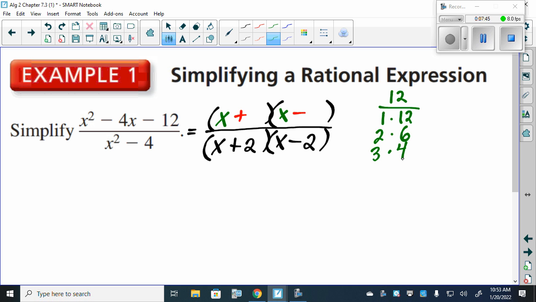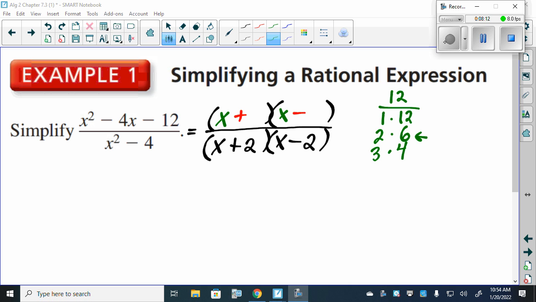Which one do we want to try first? 2 and 6. One of the big reasons I would pick 2 and 6 is because of what? 6 minus 2 is 4, exactly, yes? Yes, because 6 minus 2 is 4, or 2 minus 6 is negative 4. But we also want, because if we're wanting to simplify, we need something to be in common on top and bottom, yes?